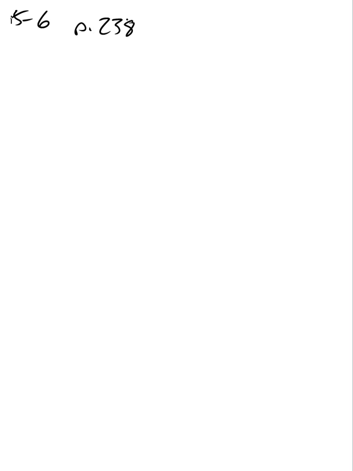A couple of things to keep in mind when you're looking at a number in scientific notation or converting a number to scientific notation. Let's say we have 1,234. The decimal point is currently right there. The first thing you do is move the decimal point so the first number out front is greater than or equal to 1 and less than 10.